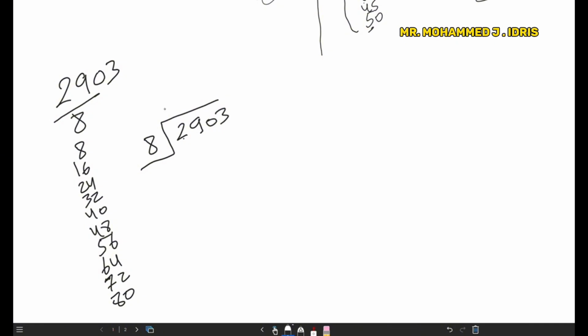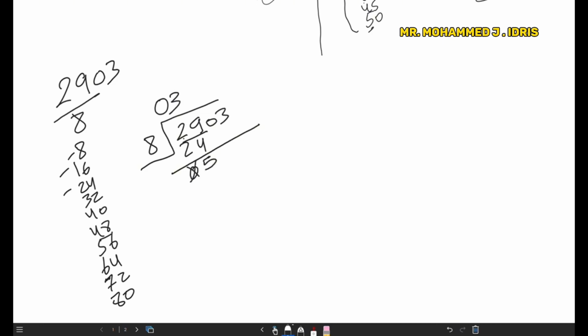2 divided by 8, you can't, so 0 here. We take 29. The closest thing to 29 in our multiples is 24, which comes from 3. Now we subtract: 9 minus 4 is 5, 2 minus 2 is 0, not important.